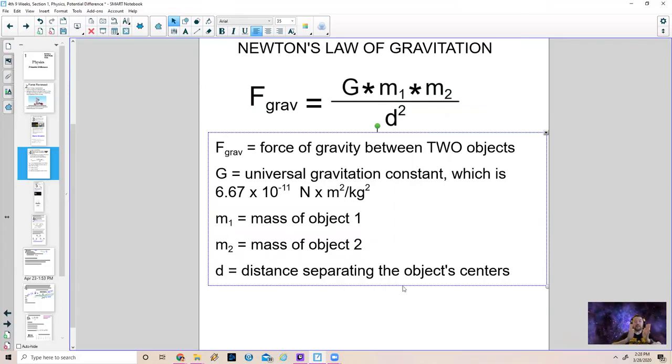Now, the thing about using this, and this is going to apply to Coulomb's law later, is that objects like planets, you have Earth and you have our atmosphere, but where should you measure two super large objects in space that are really far apart?